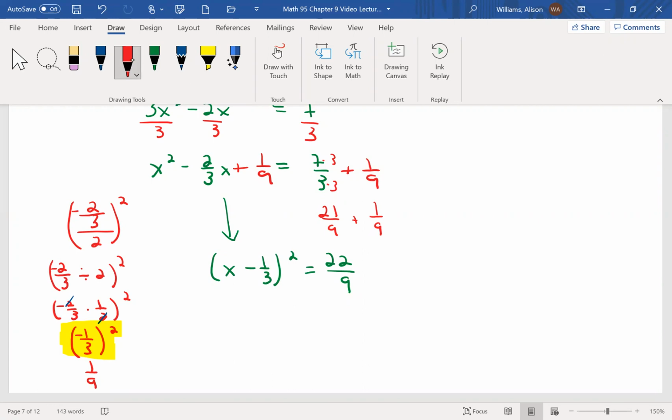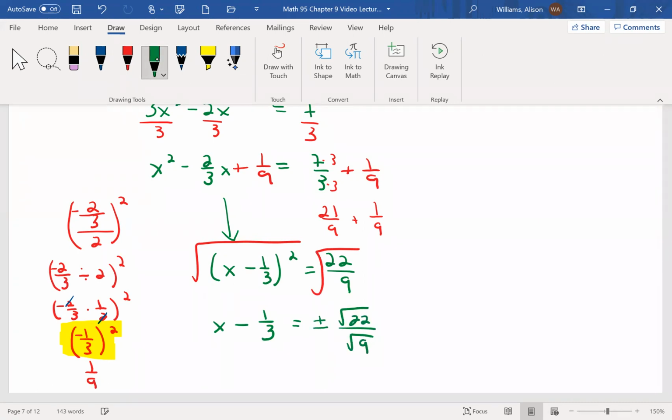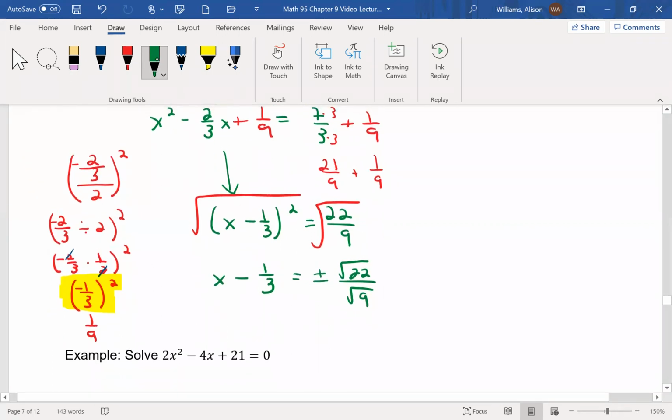Okay, so now I'm going to take the square root of both sides. Left side, that square disappears and we're left with x minus 1/3. The right side, because it's a fraction, I'm going to break it up and I'm going to put in my plus or minus in the front. Now I can take the square root of 9, that's a 3. Oops, I'm running out of space.